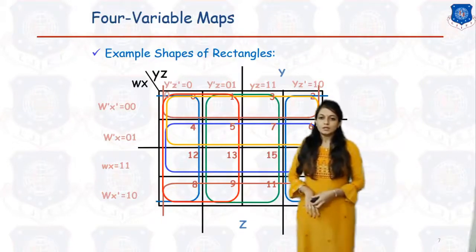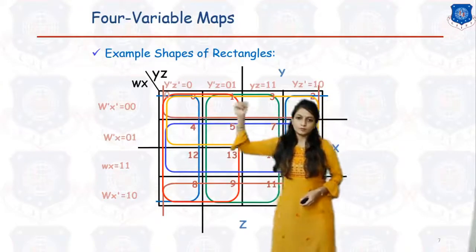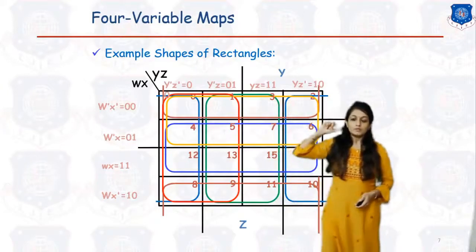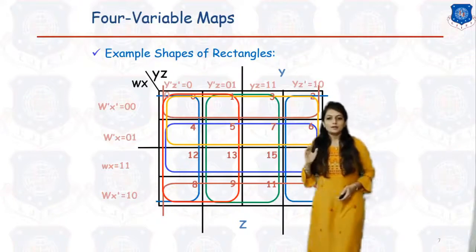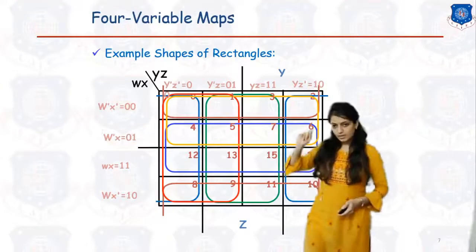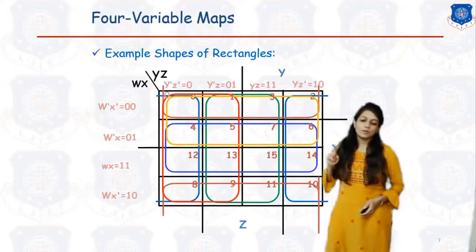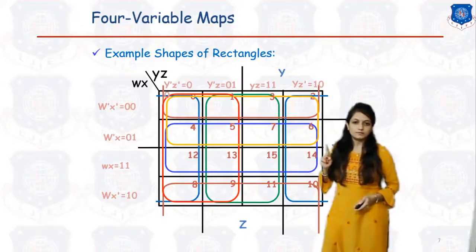Alright, the orange one at the corner of the map. So we are able to make groups of 2 ones, 4 ones, 8 ones, and 16 ones. So the common term is 1.